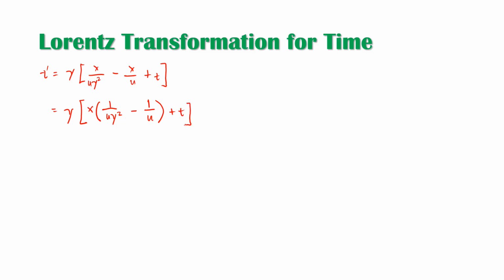Okay, now take note that gamma squared is just equal to 1 over the square root of 1 minus u squared over c squared, squared.